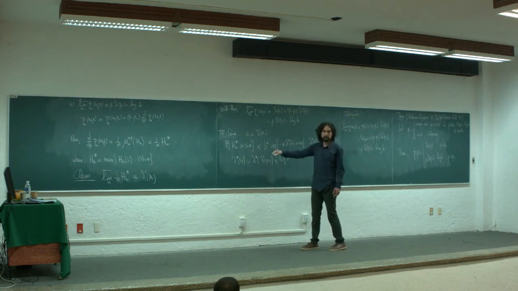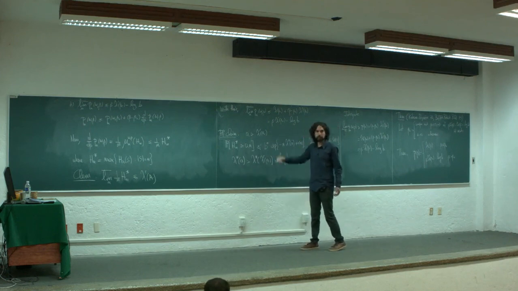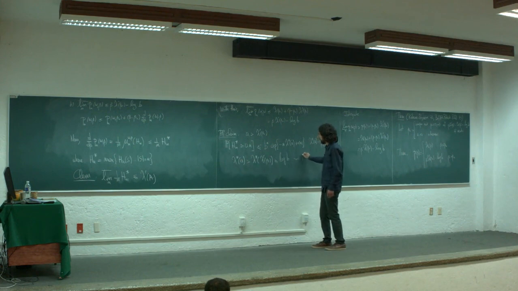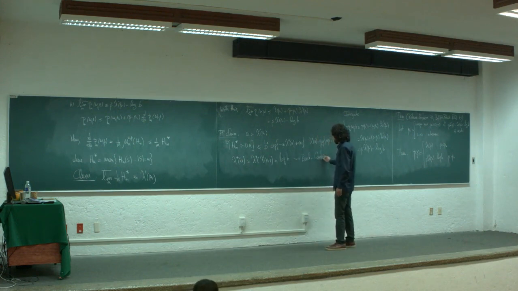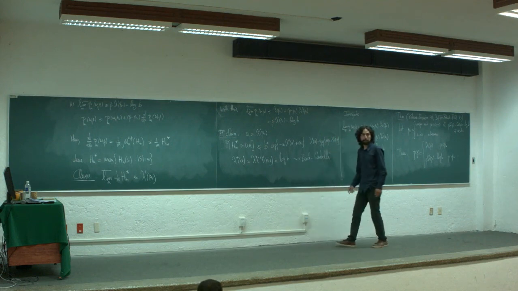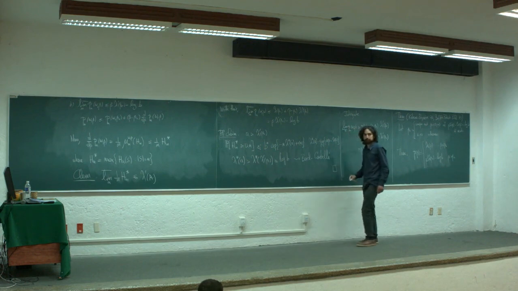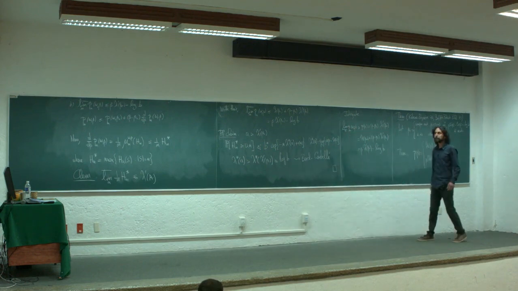And you have that these probabilities decay exponentially fast for any A bigger than your target value. So you just use Borel-Cantelli. And that finishes the proof. Okay?